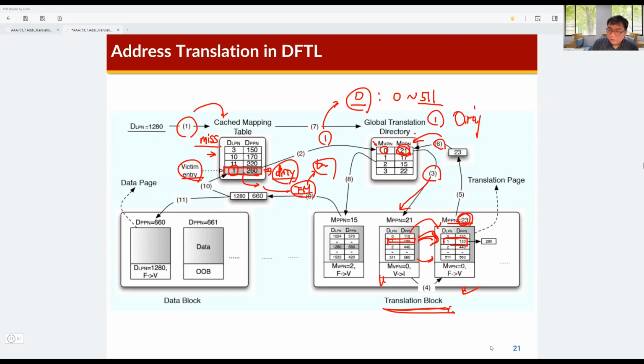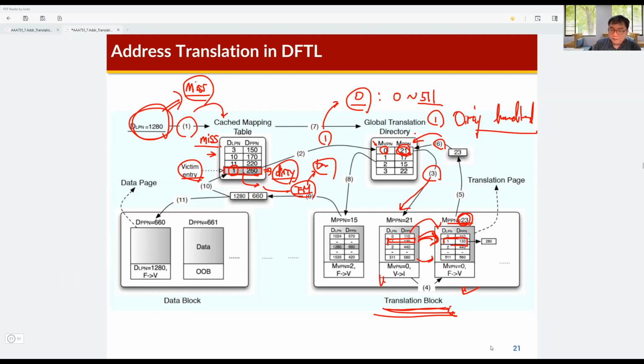First, the dirty information is handled. And then we know that this request is a miss in the cached mapping table. So this missed information should be found inside of the translation block in flash memory.